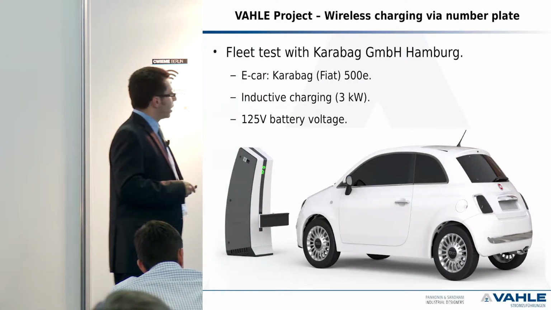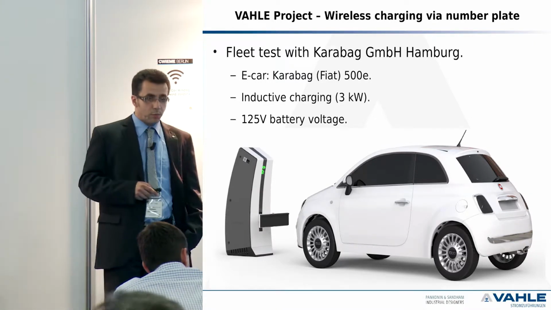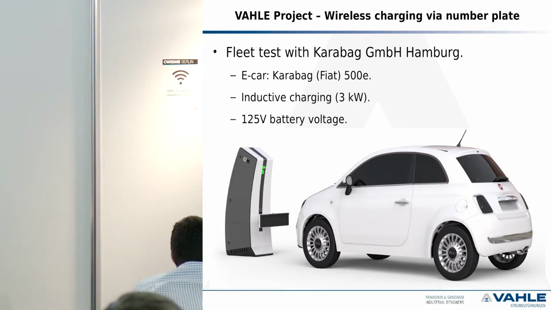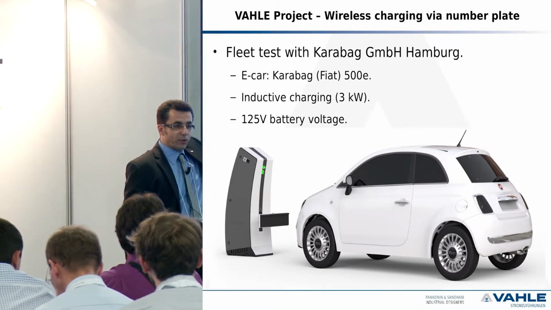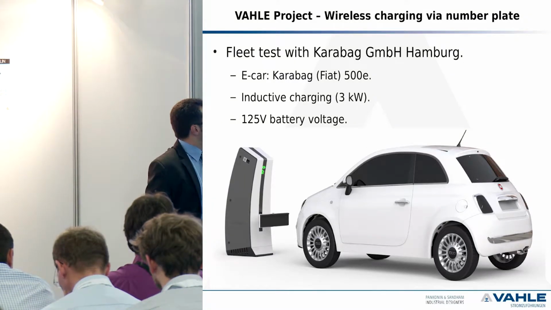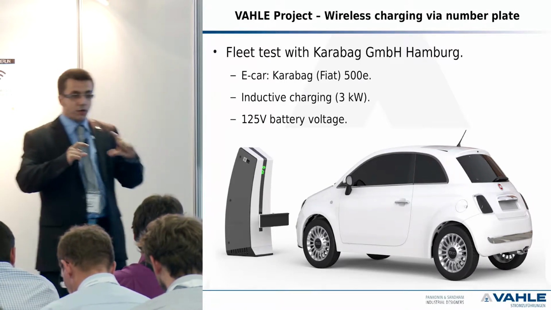The one with the number plate was in a cooperation with Karabakh in Hamburg. We have two coils of this system. This is the primary coil. This is the pad where you can drive against with the number plate of the car. Behind the number plate of the car, you got the coil.